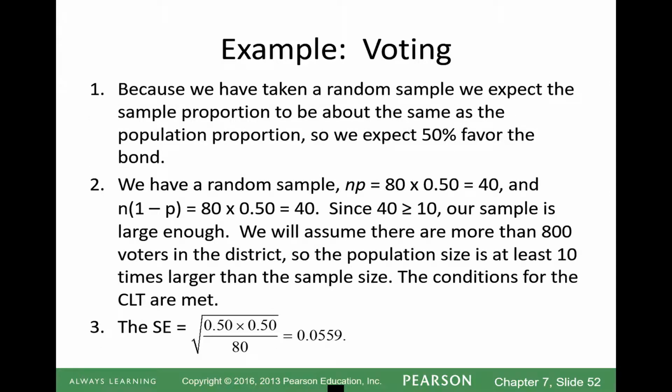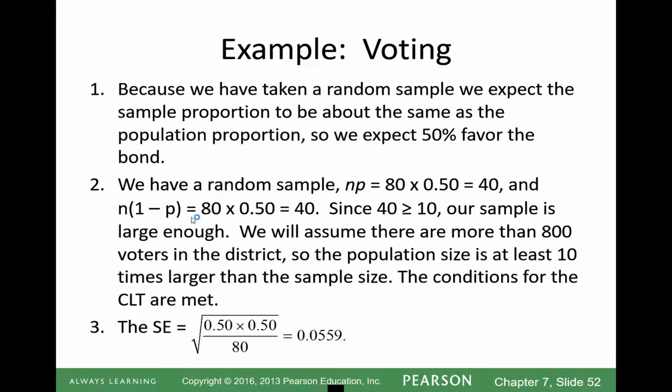Because we have a random sample, we expect the sample proportion to be about the same, so we would expect 50% to favor the bond. We have a random sample here, so we expect 40, and that's more than 10.